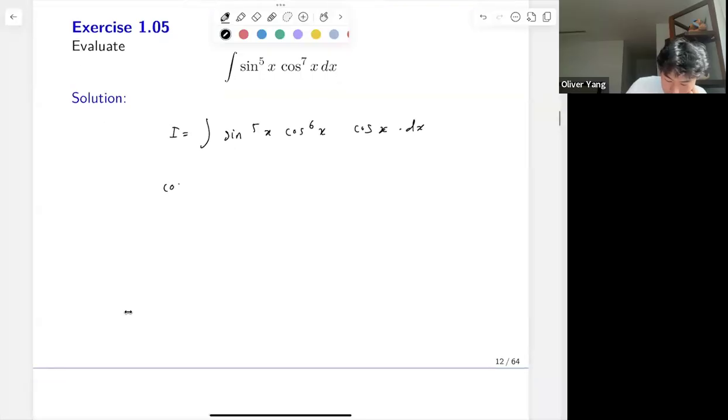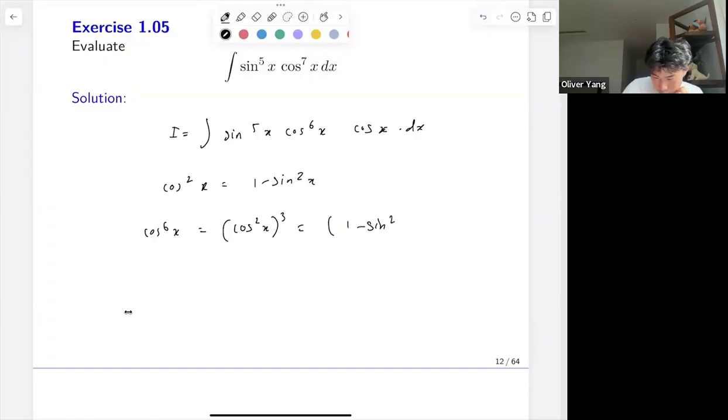Okay, so we know that cos squared x equals 1 minus sine squared x. Cos 6x is the same as writing cos squared x to the power of 3, right? Which is the same as (1 minus sine squared x) to the power of 3.